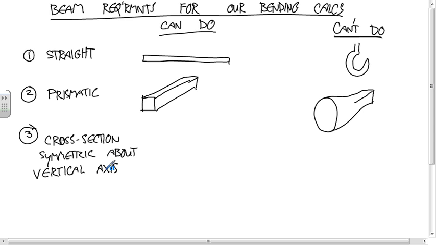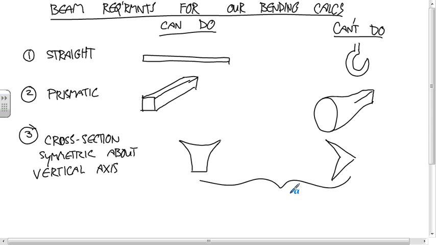Then there has to be symmetry about a vertical axis. So we could do a cross section like this, but we couldn't do a cross section like this. These two are cross sections of the beam. There are ways to approach these things, but the calculations that I'm giving you right now don't work for any of these in this column.